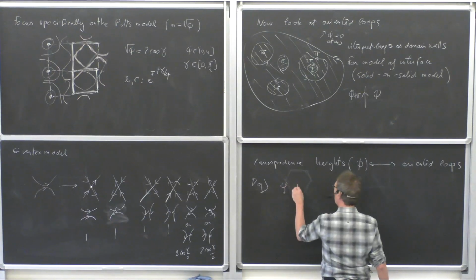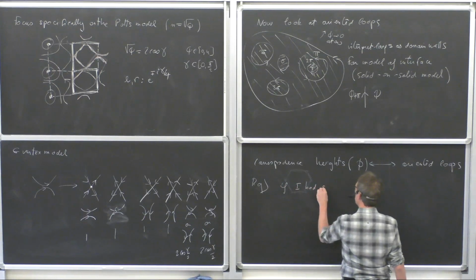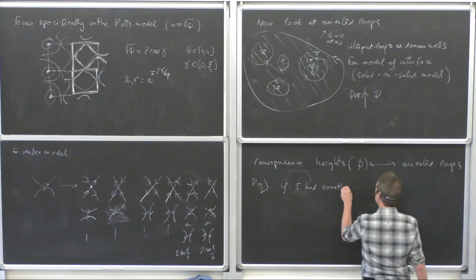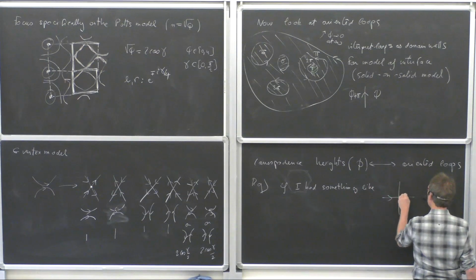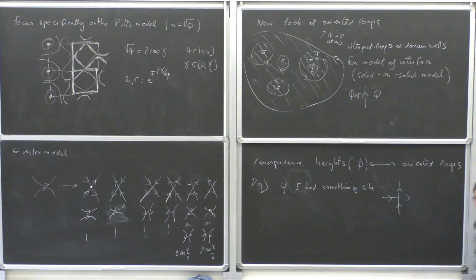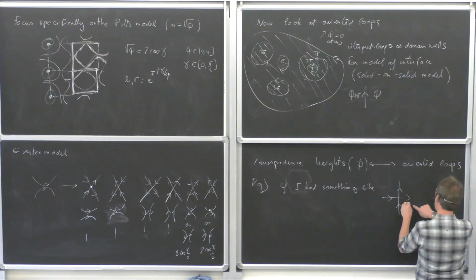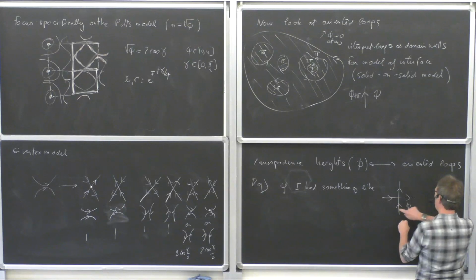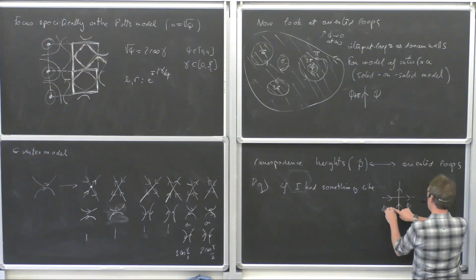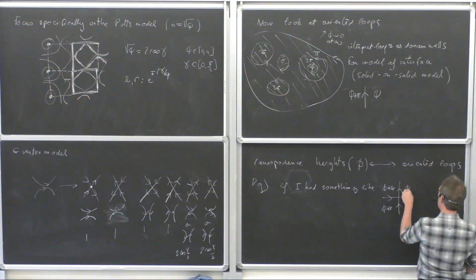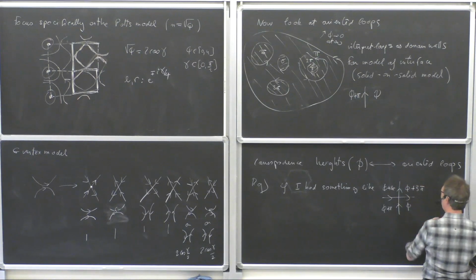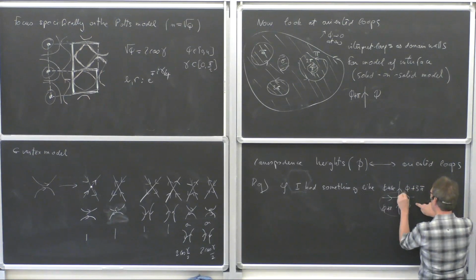If I had something like this, my construction would completely break down because I would say, okay, this height here will be phi, then the one to the left would be phi plus pi, the one here should be phi plus 2 pi, the one here should be phi plus 3 pi, if I count like this.